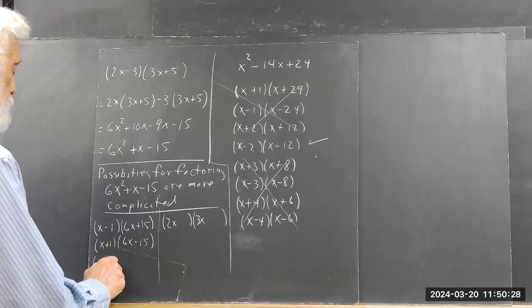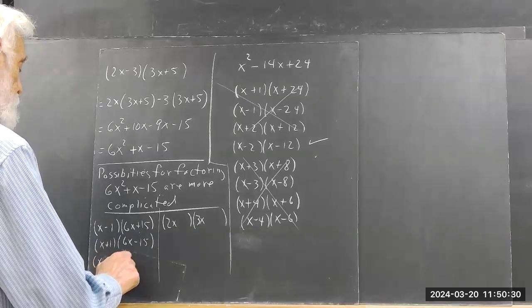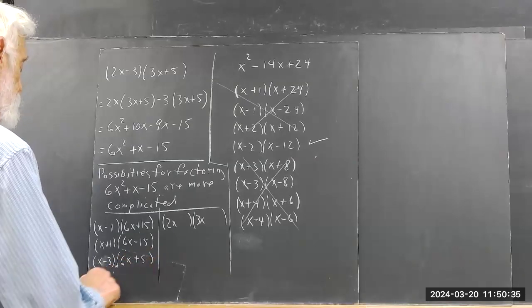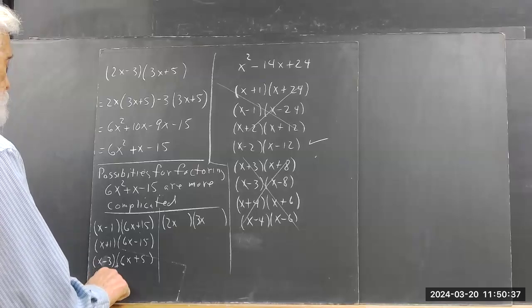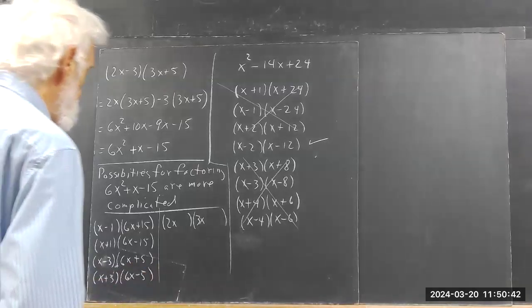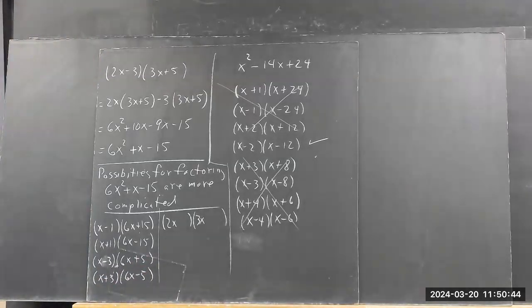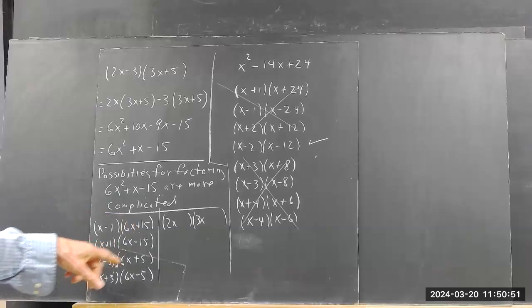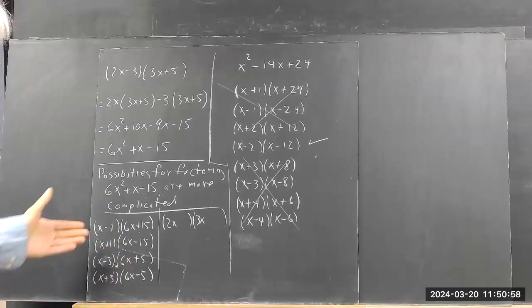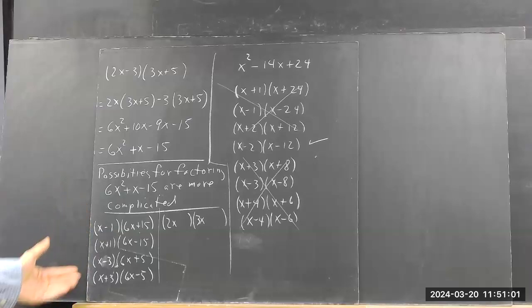X minus 3 times 6x plus 5, or x plus 3 times 6x minus 5. Now, that's it as far as what we can do with 15. It's either 1 times 15 or it's 3 times 5. One of those being negative, the other being positive. So there aren't that many possibilities.